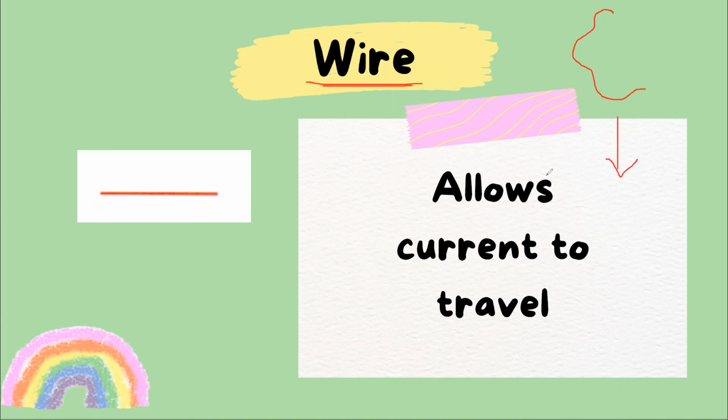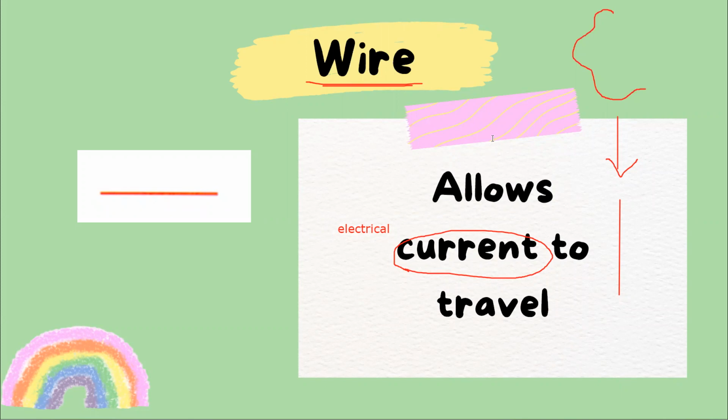This wire is to allow current to travel. What type of current? Electrical current, right? That means from one point to the other point, electricity is carried through these wires.